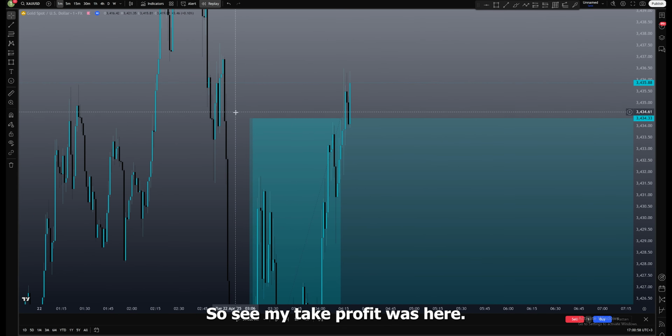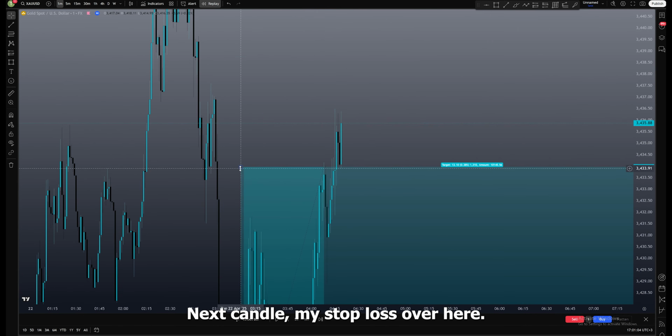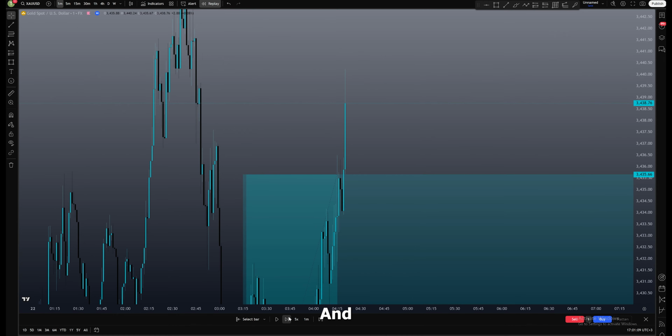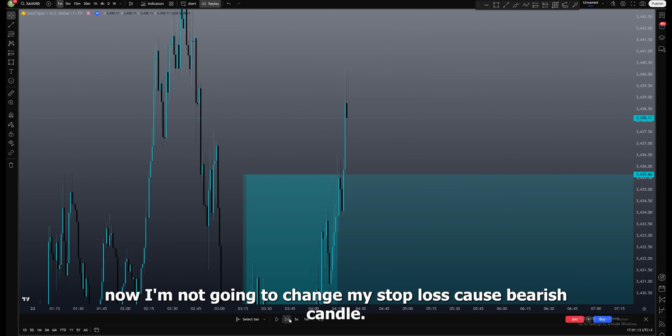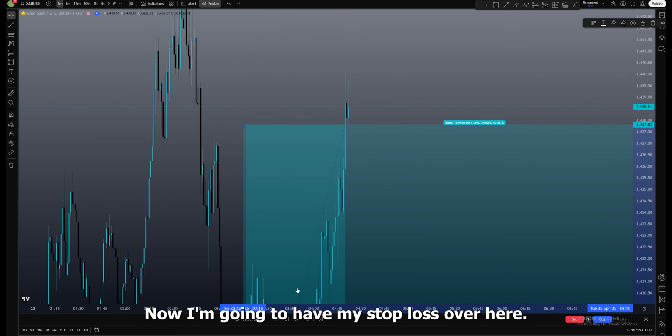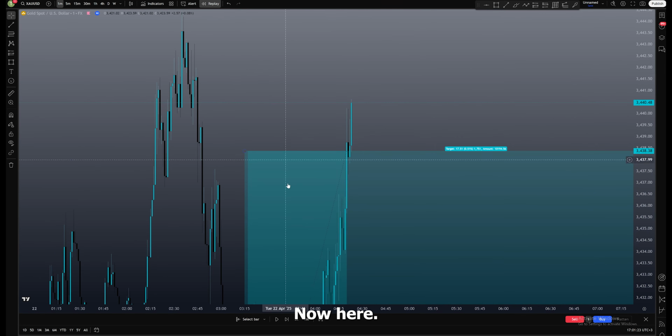So you can see my take profit was over here, then my stop loss over here. Next candle, my stop loss is over here. Now I'm not going to change my stop loss because it's a bearish candle. Now I'm going to have my stop loss over here. Now I'm over here.